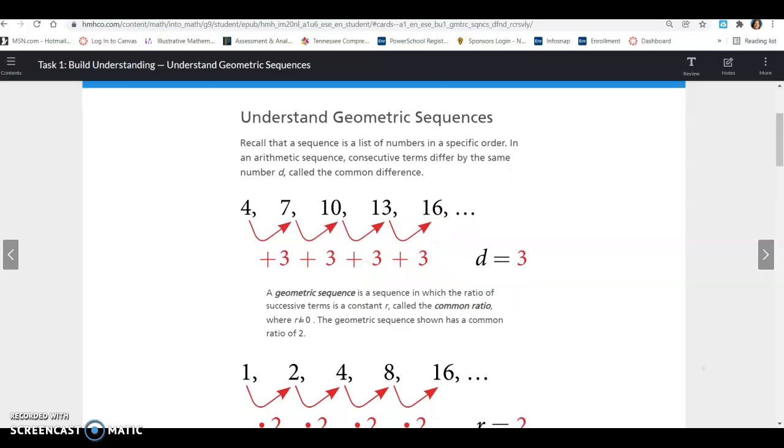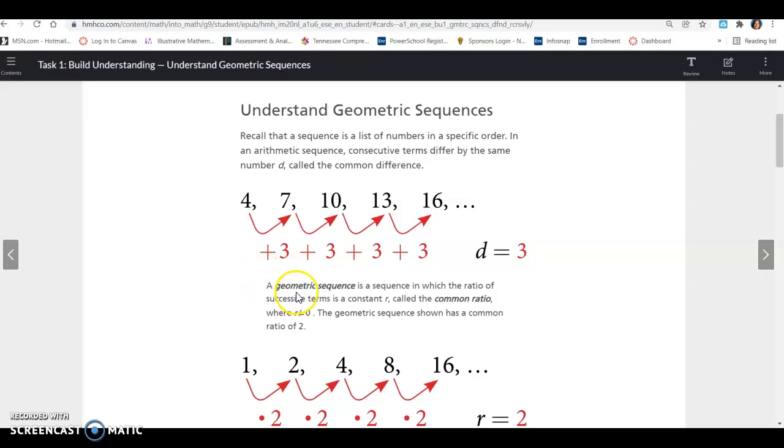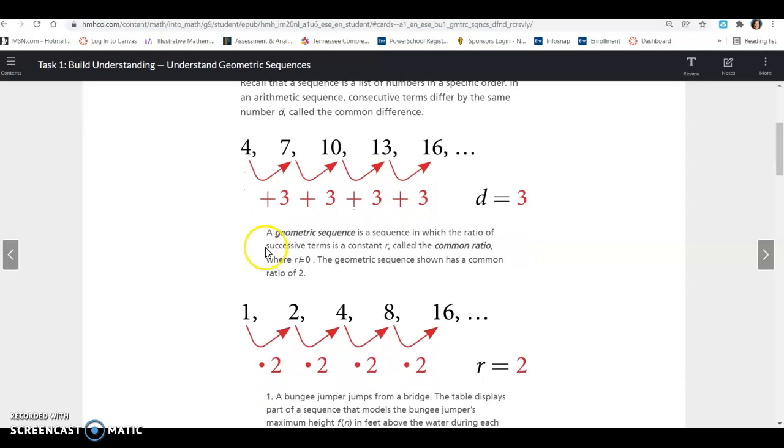All right, so now we're going to look at geometric. A geometric sequence is a sequence in which the ratio of successive terms is a constant r, called the common ratio, where r is not equal to 0. The geometric sequence shown has a common ratio of 2. All right, so arithmetic sequence, you add or subtract to get to the next one.